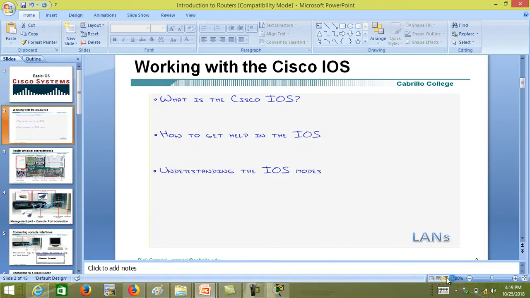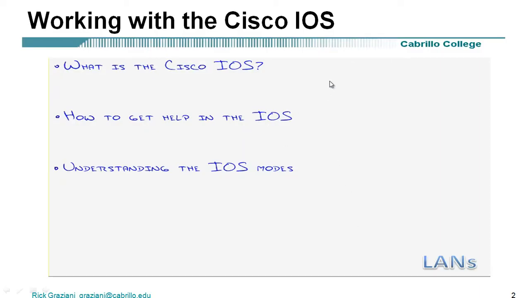So in this lesson, we are also going to have an introduction to the Cisco IOS. This is the operating system that runs on the Cisco routers. Understanding how to navigate through it is what we need to deal with Cisco routers and switches, and that's what you'll be tested on in the certification exam.